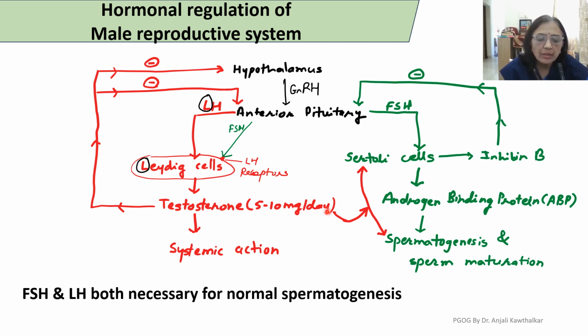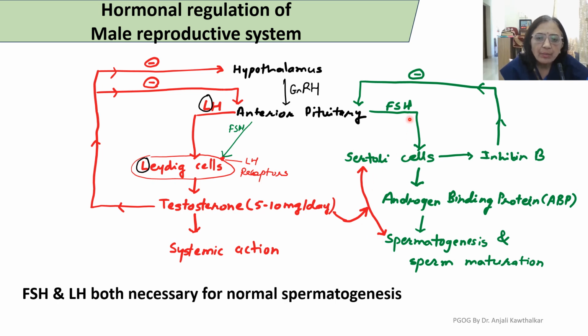present in the testis around the seminiferous tubules in a very high concentration. The level is 50 to 100 times greater than the level in the blood. Here it acts on Sertoli cells and helps in spermatogenesis. So testosterone is also required for spermatogenesis and sperm maturation.